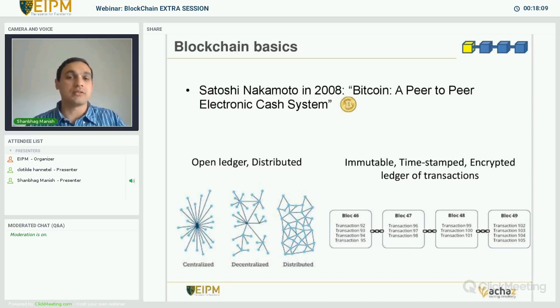Like we saw before in the example of the money transfer or the title transfer, there is a transaction, and here we are talking about an open distributed registry of transactions. Okay, this is the basic property. You can see the difference in the graph where you have a centralized agency in the first, the left diagram, and then on the right we have something which is more distributed. Okay, so we're talking about this distributed open ledger as a skeletal property of blockchain.